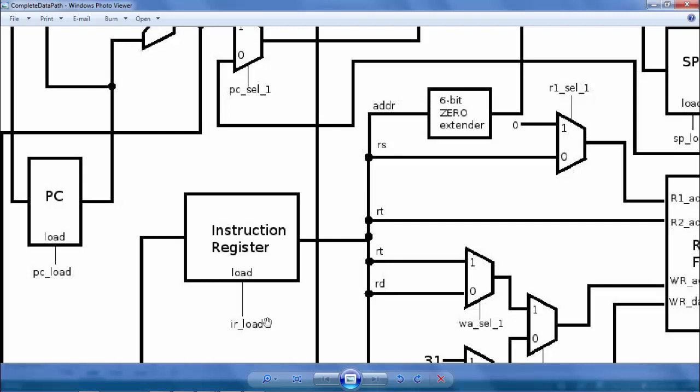At this point, just note that for this instruction register, we are using a latch instead of a flip-flop, just to avoid the complexity that if it is a flip-flop, it needs to wait for another clock cycle for the data to be loaded, whereas if it is a latch, then the instruction will be loaded in the same clock cycle as the data coming in. So that gives us a little bit of easiness, I would say, for this cycle synchronization.